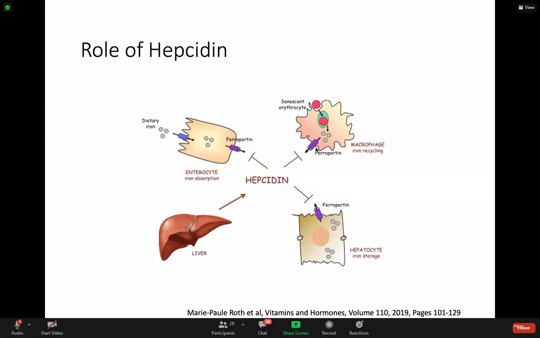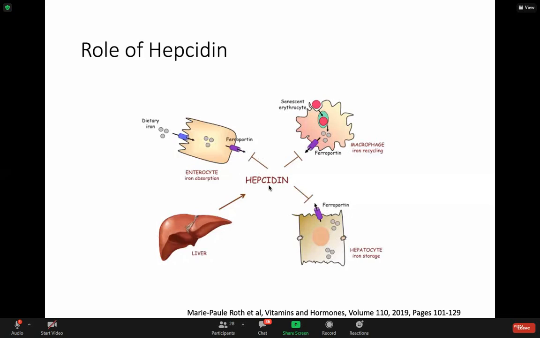Ferroportin is the channel through which the iron will get absorbed. For example, here in the intestine, this is the intestinal channel. So the ferroportin here is the channel through which the iron will pass. The hepcidin will block it. The hepcidin will also block it from the hepatocyte, from the iron storage. If you need iron, you will take it from the storage if you don't have iron in the serum, but that would be blocked because hepcidin is high. The absorption will be prevented because hepcidin is high.